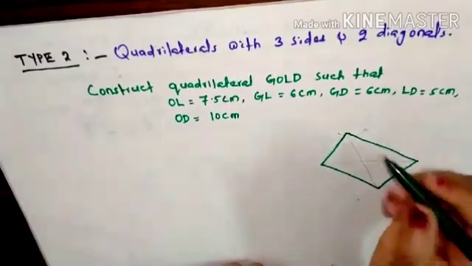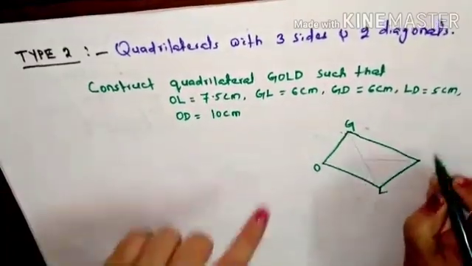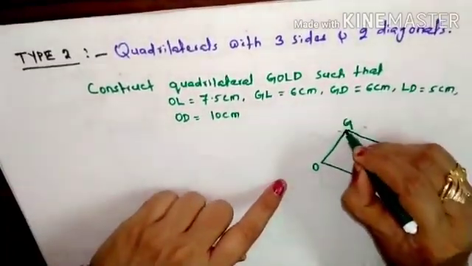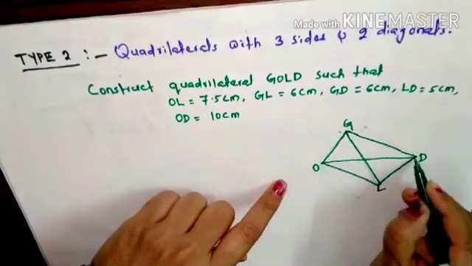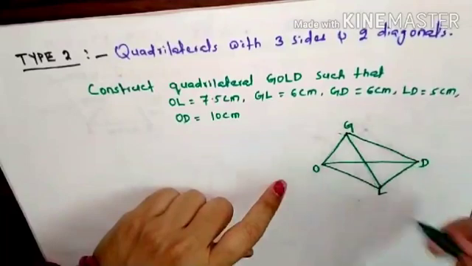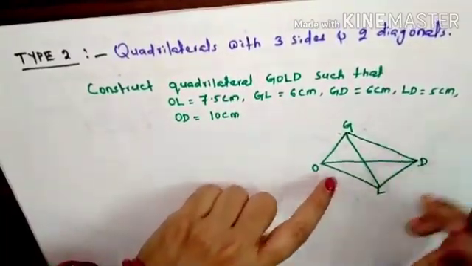This is your quadrilateral GOLD. And here 3 sides and 2 diagonals are given. Write down all the measurements.